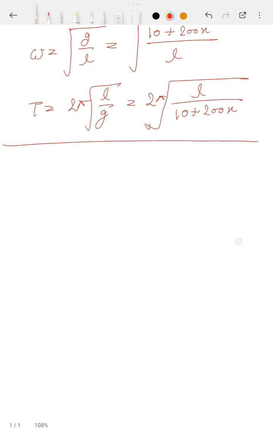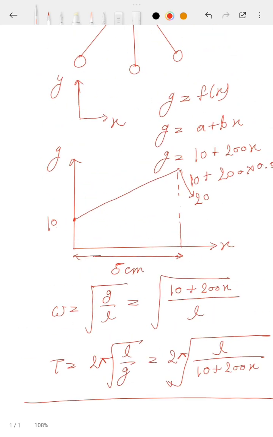But I may be wrong somewhere. If I am wrong, then comment in the comment box. I will try to rectify that problem also if I am incorrect somewhere. But hypothetically we are imagining this problem that g is changing with space. Okay, thank you.